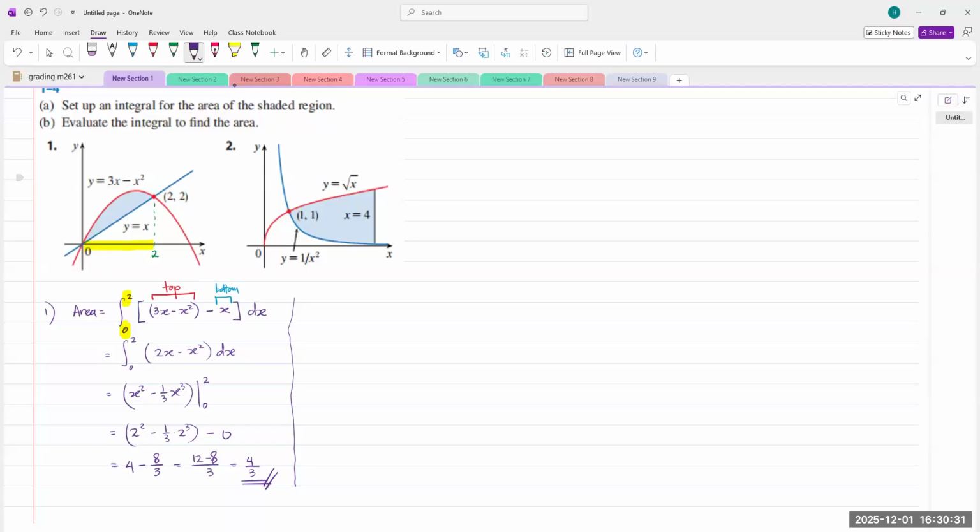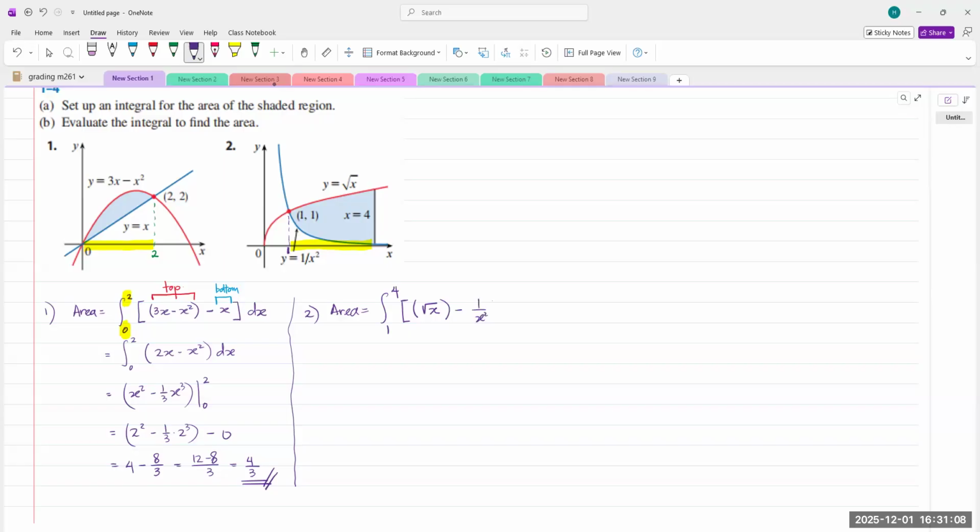Number two, the top function is red, the bottom function is blue. On the left-hand side, they intersect at x equals 1, right? So the domain of integration will be between x equals 1 and x equals 4. So number two, area equals the integral from 1 to 4 of the top function, square root of x, minus the bottom function, 1 over x squared.